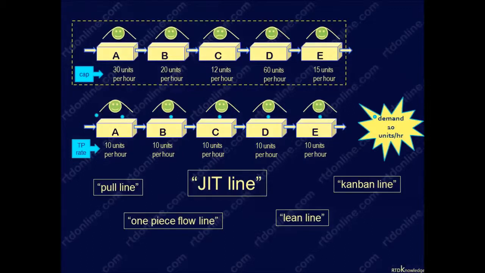Since it minimizes, if not eliminates, work-in-process and finished goods inventories, a just-in-time line is also a lean system if we consider all forms of inventories as waste and unnecessary. Why call it a Kanban system? The Japanese term Kanban means a signboard.